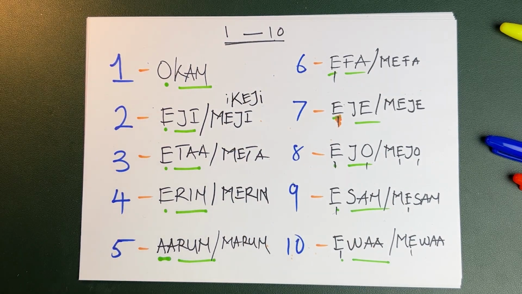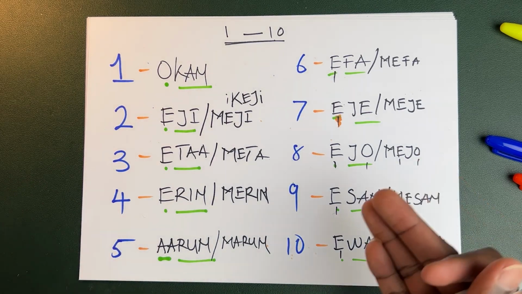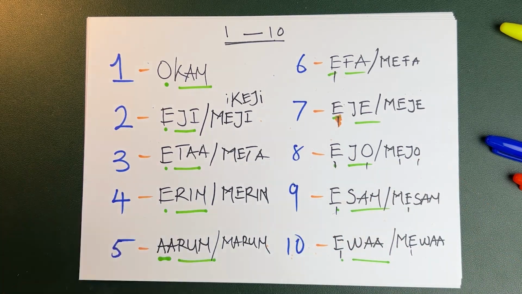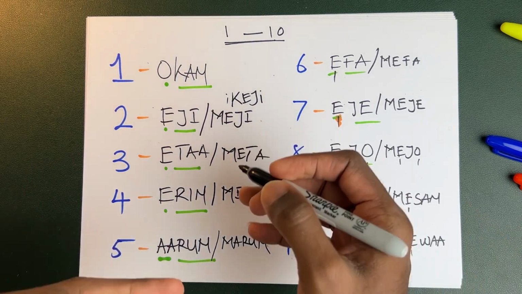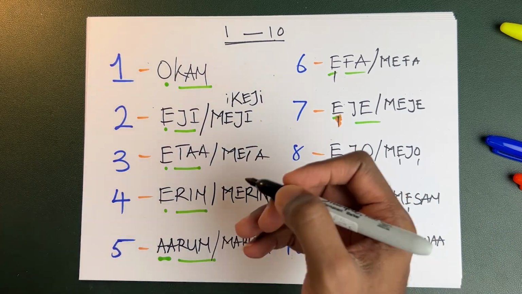So if you say, this is the third one I am having, Ìkẹta, the third. So if you're talking about position, you would have a K as the prefix.